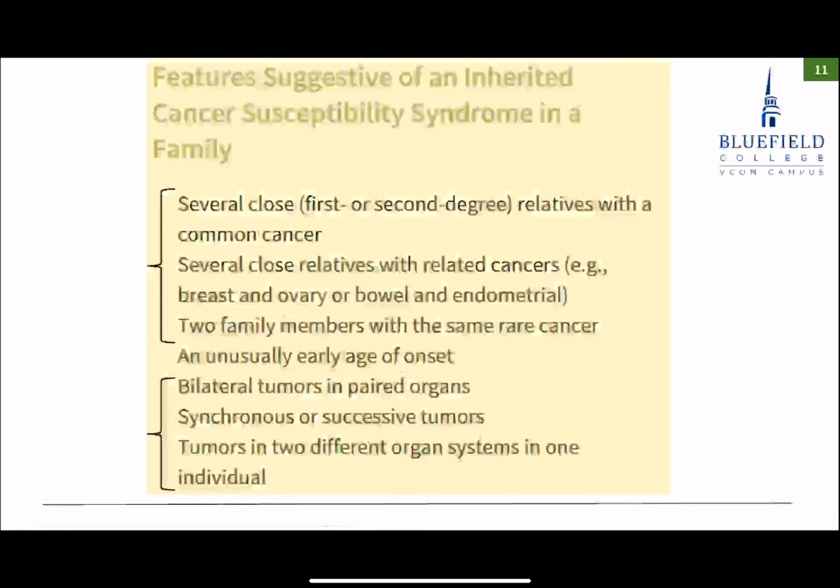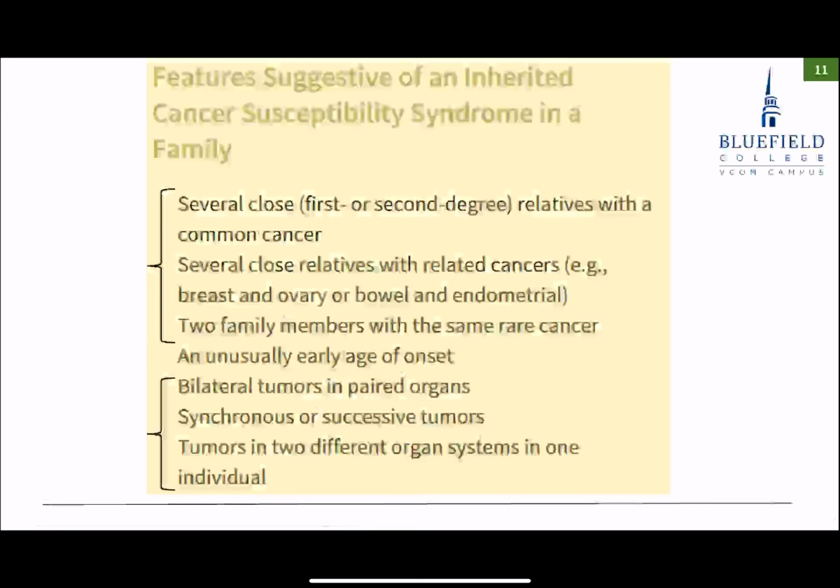So there are some families in which there is inherited cancer susceptibility, and we can tell that this is the case, not sporadic, based on these characteristics. For example, if several close first or second degree relatives have a common cancer, this is suggestive of a familial case.